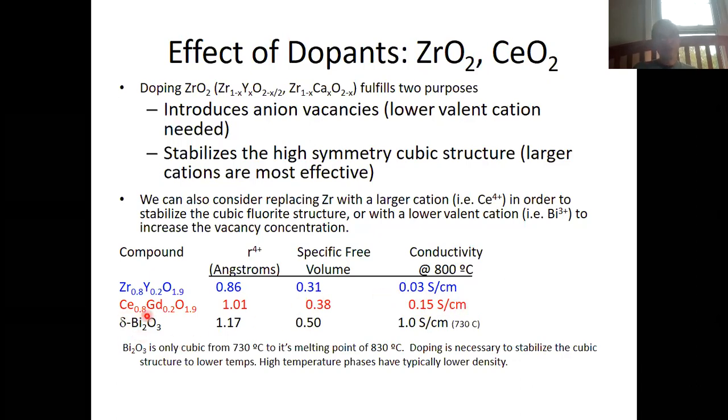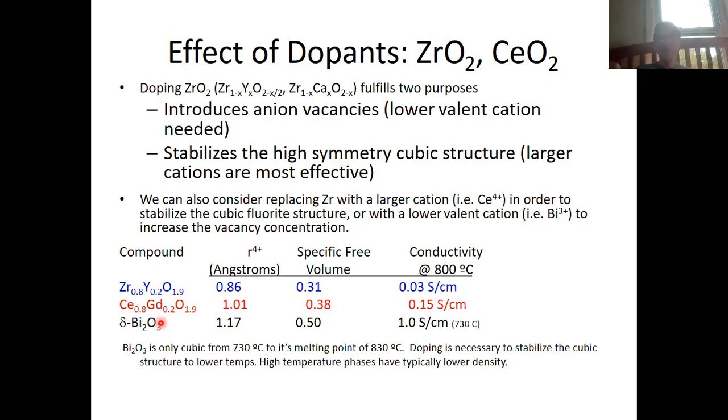So here's a third example. We have gamma bismuth oxide, Bi2O3. This is also a fluorite-derived structure. So you can consider this as a defect Bi2O4. Okay, and Bi2O4 is nothing else but BiO2 times 2, right?